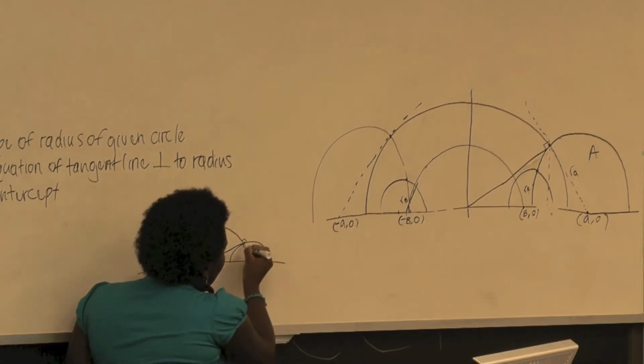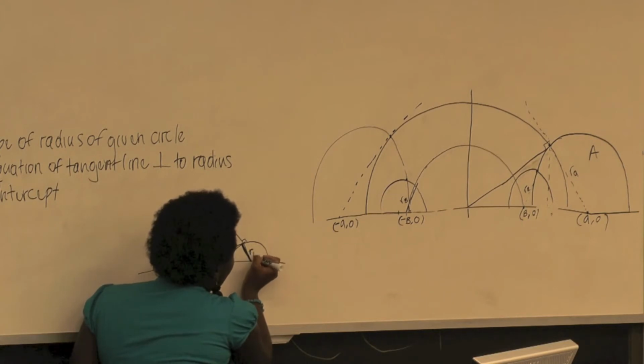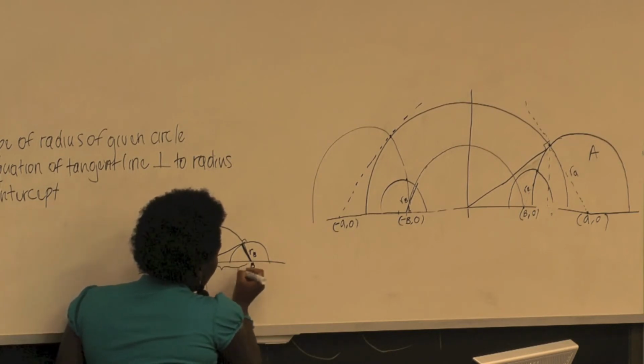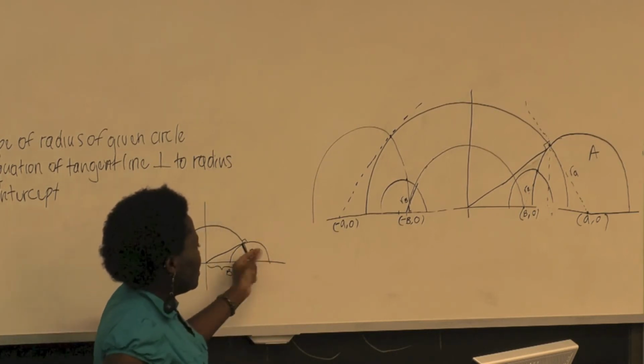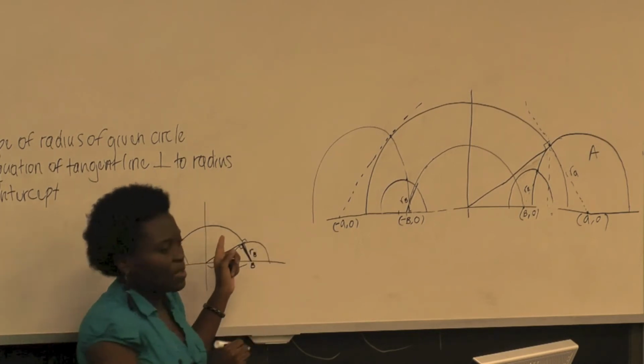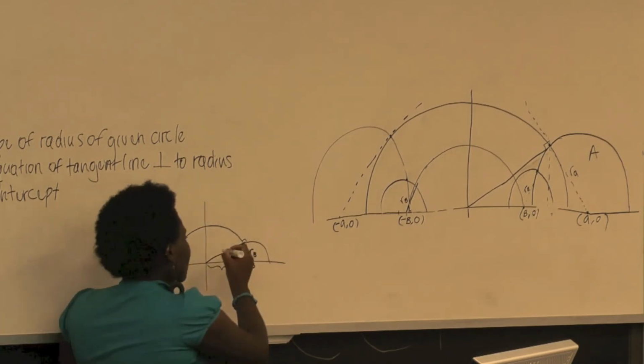Knowing the radius of this circle right here, that's RB, and this x coordinate is B, you know that the length of this side is B. This segment is RB, this is the right angle, and this is the radius we're looking for, R naught.